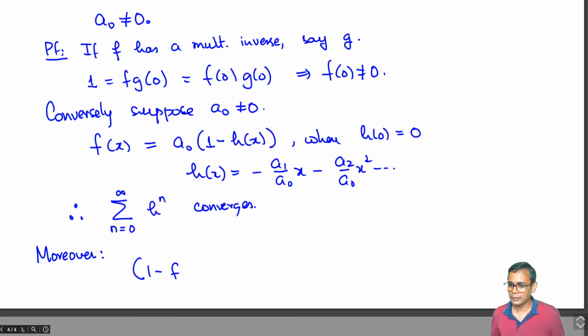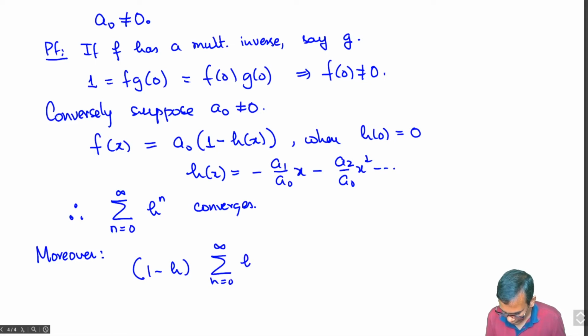And moreover, (1 minus h) times the sum over n equals 0 to infinity of h^n is equal to 1. I'll let you think about why this is true.